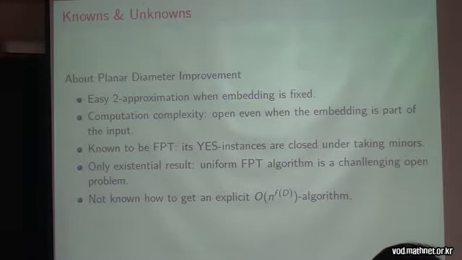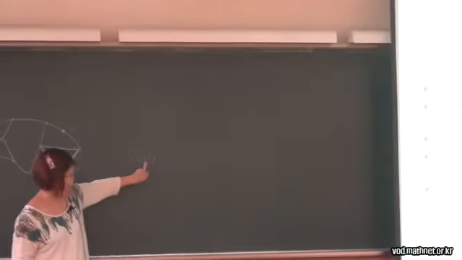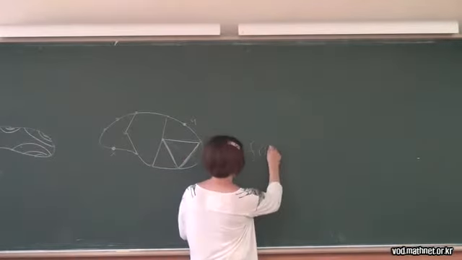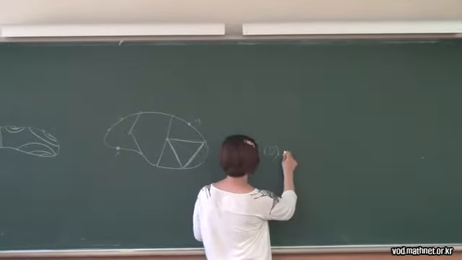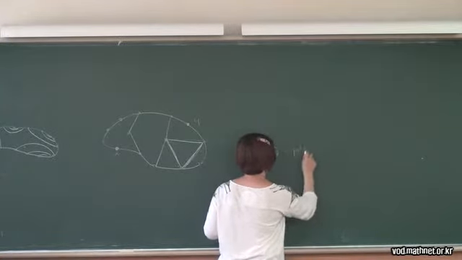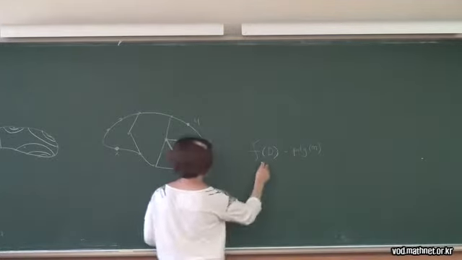So it's known to be FPT in the sense that if you want to check whether the graph can be made into a planar graph of diameter at most d, then d becomes the parameter, and there exists an algorithm which runs in f of d times some polynomial in the size of the graph, where f is some function.